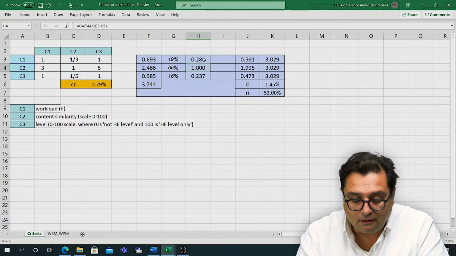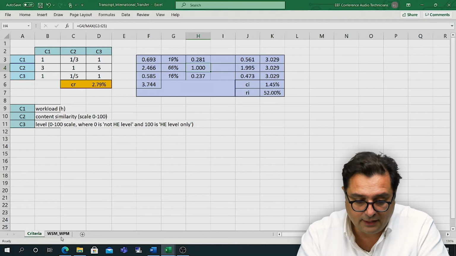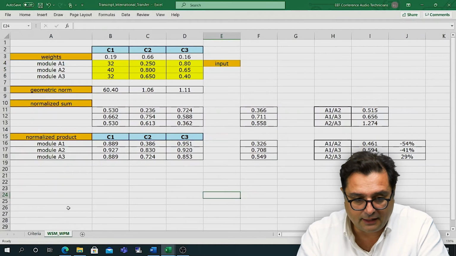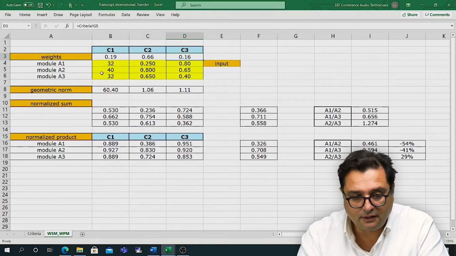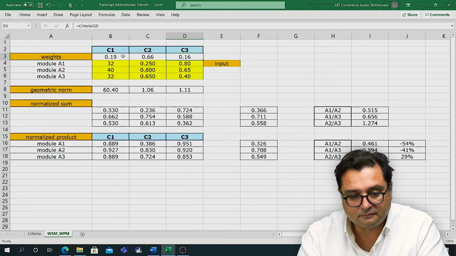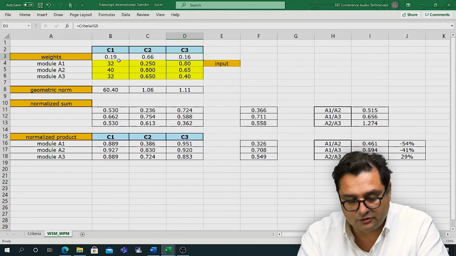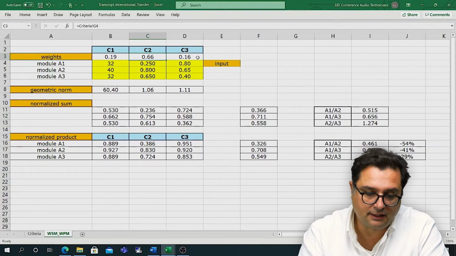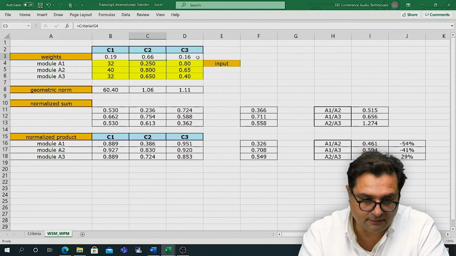So we have derived the weights for the criteria, and then we use them here in the criteria weights. As said before, the weight for criterion C1 is 0.19, criterion C2 has 0.66, and C3 has 0.16.